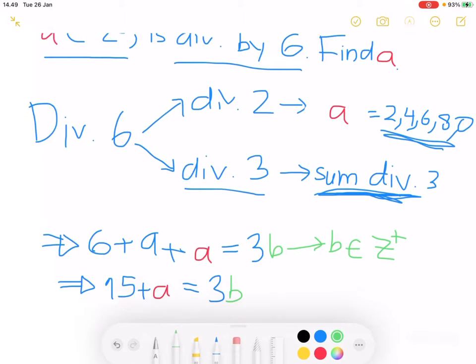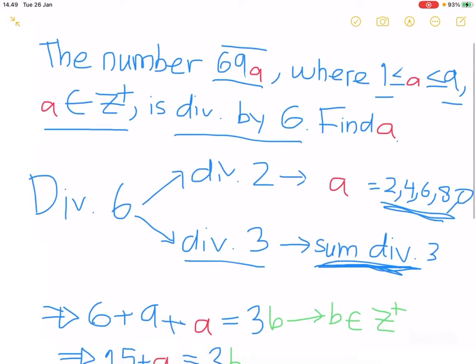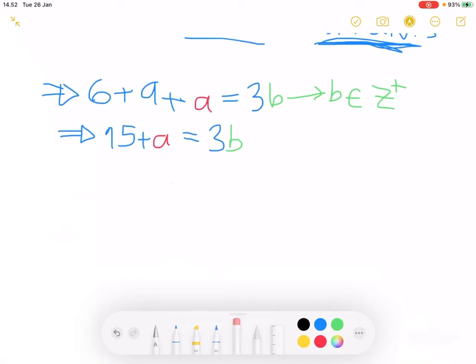And we might be a little bit stuck right here because b is a variable and a is also a variable, and it looks like we have limited clues to this.